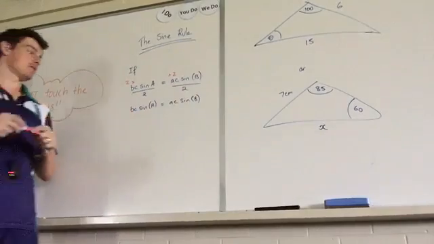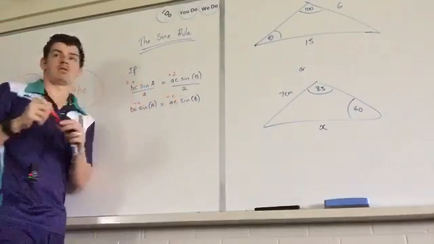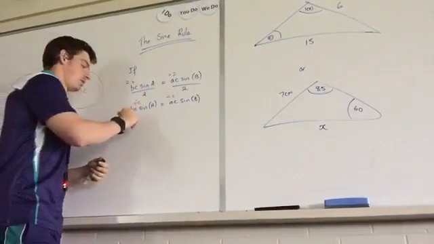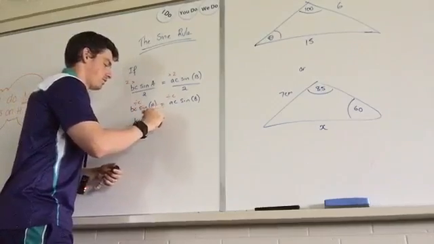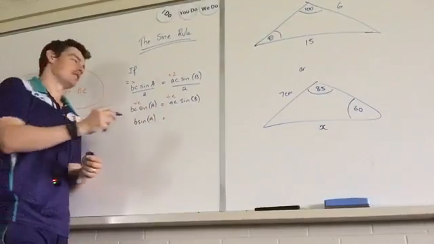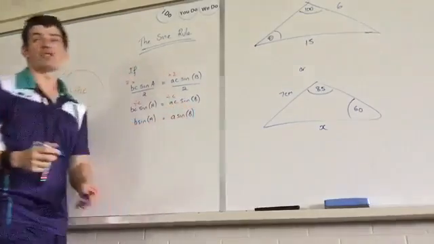My next step is going to be to divide both sides by C. What's that going to leave me with? B sine A over, what's C divided by C? Good. A sine B. Very good.